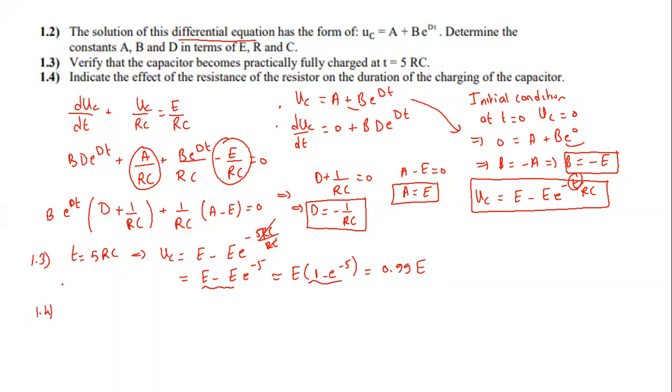Part 1.4: indicate the effect of the resistance of a resistor on the duration of charging of a capacitor. The duration of charging of the capacitor is t equal 5 RC, and it depends on R. So each time R is higher, when R increases, this means the time of charging increases, which means it will charge slower.